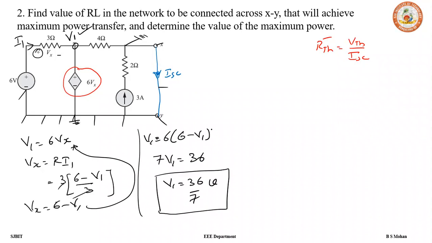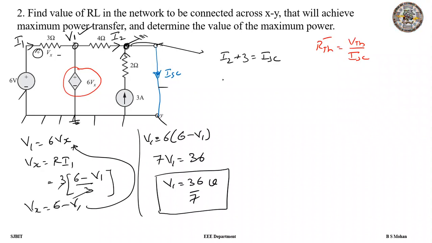Now, what about ISC? We can see the voltage at V1 is 36 by 7. So what current is flowing through ISC? If you apply KCL at this junction, we have 3 amps flowing and we have this current, which I'll call I2. So when we apply KCL here, we can write I2 plus 3 is equal to ISC.